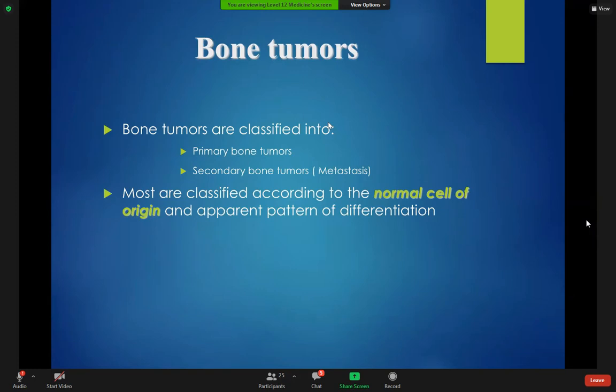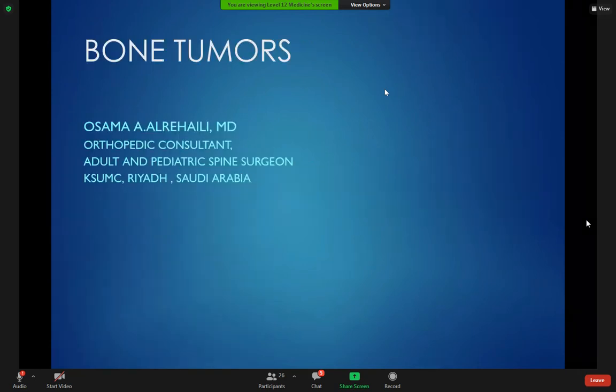And the classification of these tumors depends on the normal cell of origin. Then it will be differentiated into malignant or benign cells.